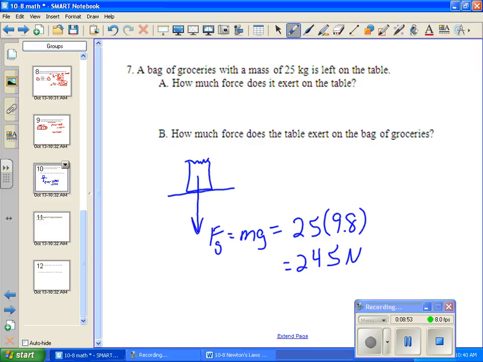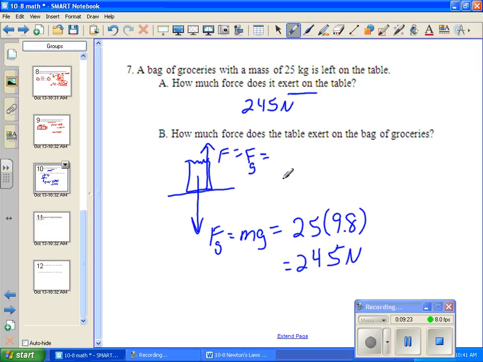Now, anytime you put something on top of something else, gravity is going to pull the object through the second object. Now, if the second object can support the bag of groceries, it has to apply a force, part B, that is exactly equal to the force of gravity on the bag of groceries. So the force exerted on the table by the bag of groceries is 245 newtons.